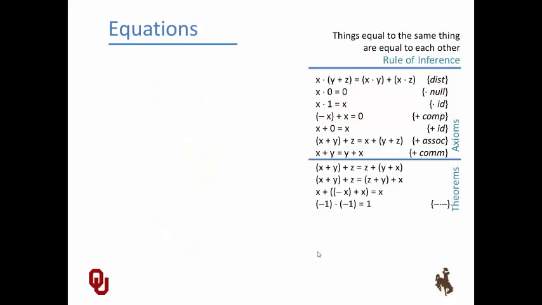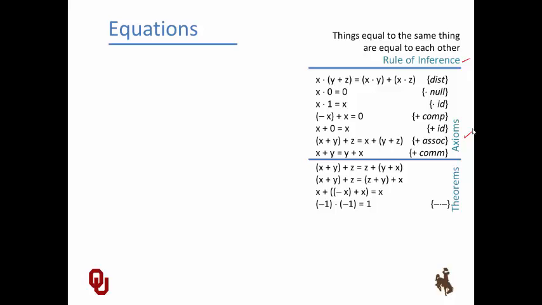A principle of reasoning and logic is often called a rule of inference. It's a rule that allows us to infer a conclusion from a known fact. The term axiom is commonly used to refer to assumptions that form the basis of a mathematical system. So what we are calling our assumed equations are the axioms of our system.